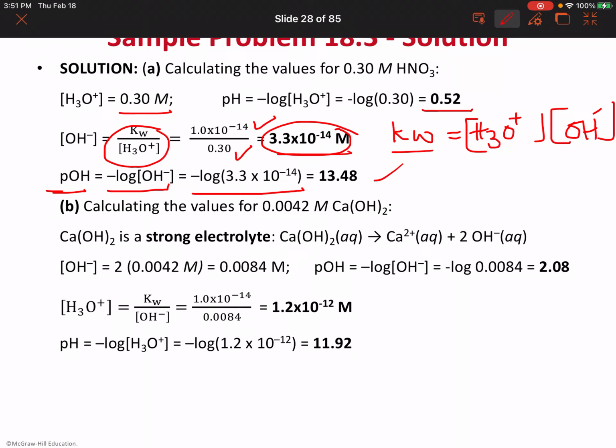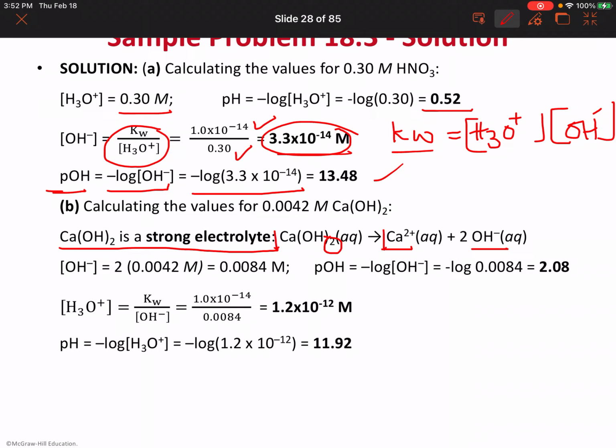You want to find out the same things, for calcium hydroxide. Calcium hydroxide, again, is a strong electrolyte. It can dissociate to give you calcium ions and hydroxide. There are 2 hydroxide here. So you start with 1 mole, and get 2 hydroxide.